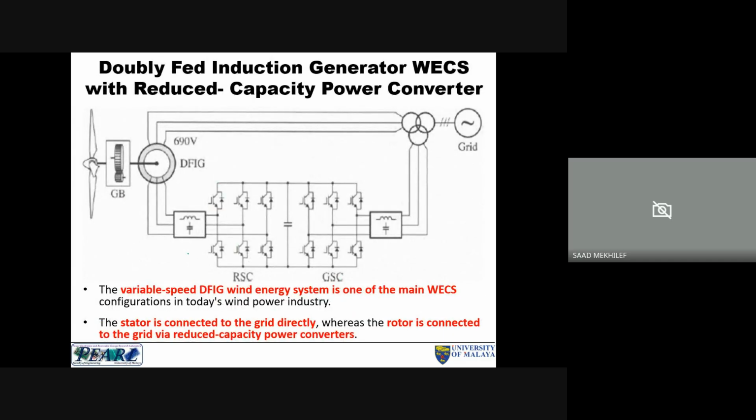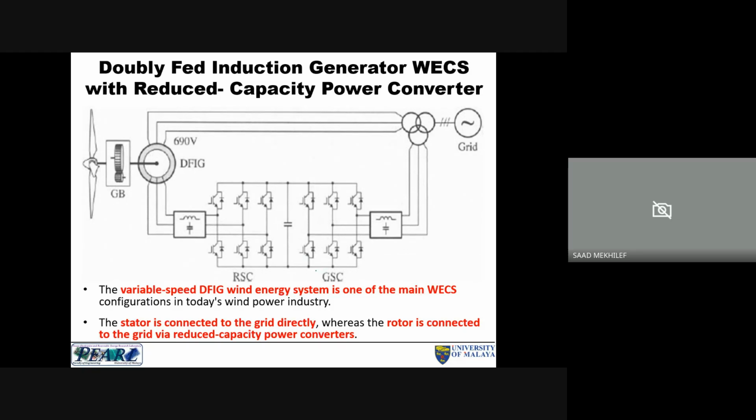As we said before, the most commonly used is the doubly fed induction generator with reduced power capacity of the converter. Here we still have the gearbox, then the DFIG, and the power converters.